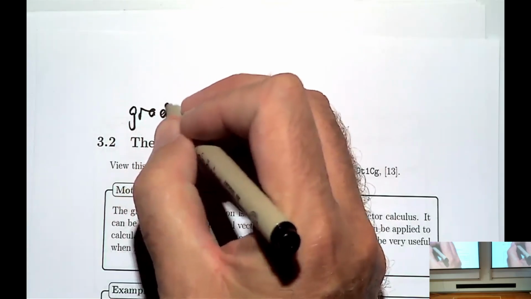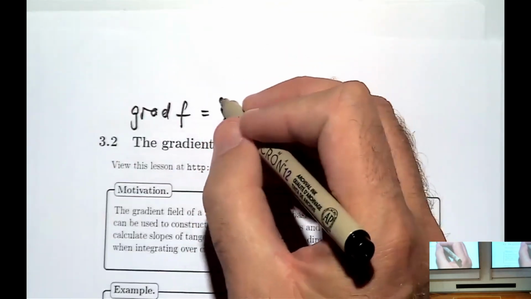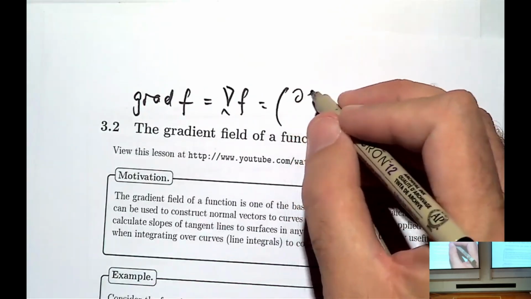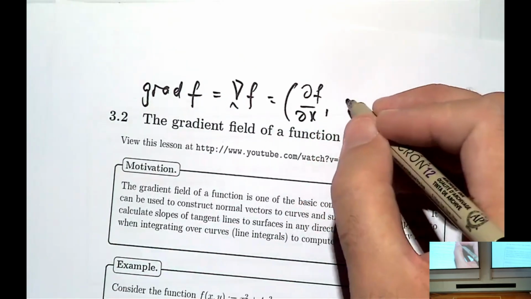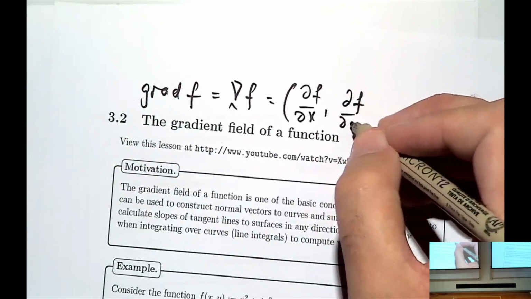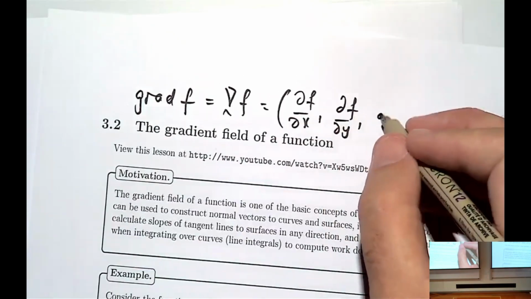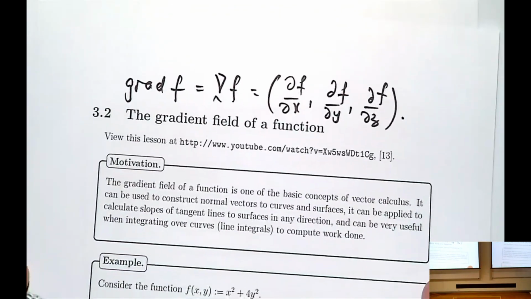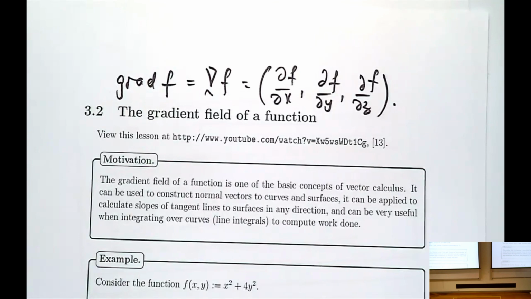Just to remember, the gradient is this. Let's say it's a function of 3 variables. We say gradient or grad f. We use this del operator, that triangle bit, and we get a vector for it.